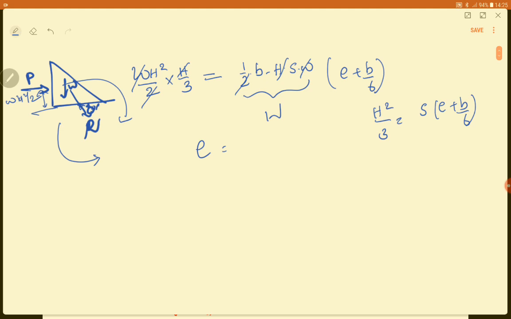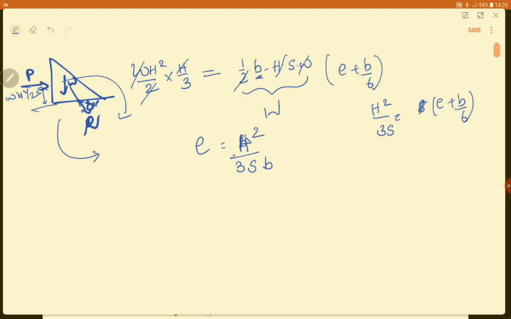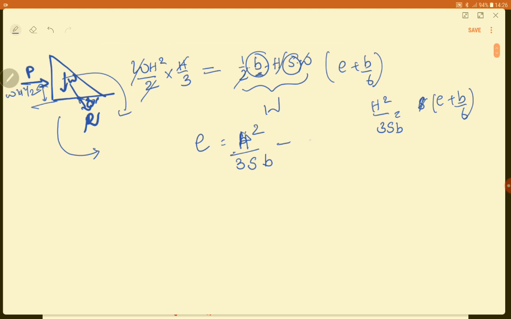So from that you have to take the value of E. You can write it as h square by 3S is equal to E plus B by 6, or E is equal to h square by 3S into B. Here you have a B also, right? S into B are left back, minus B by 6. That is the value of E.